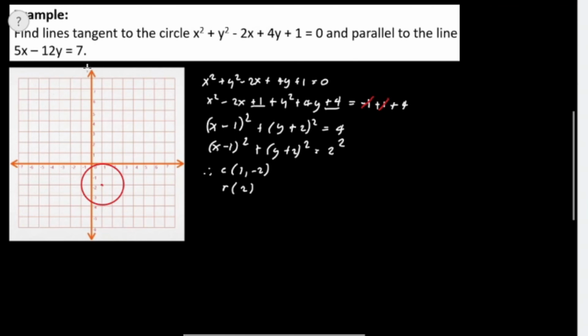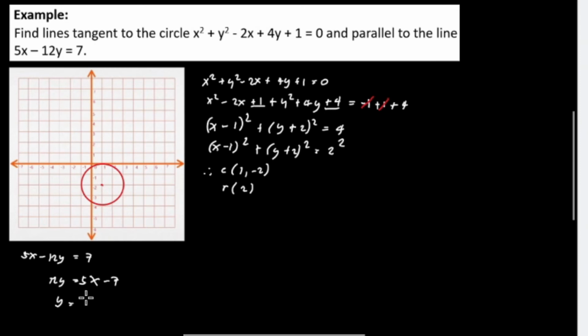The line is 5x minus 12y equals 7, and we will find the slope of the line. That's 5x minus 12y equals 7. Transpose 5x to the right, and 7 to the left, that's negative 7, and divide everything by 12.